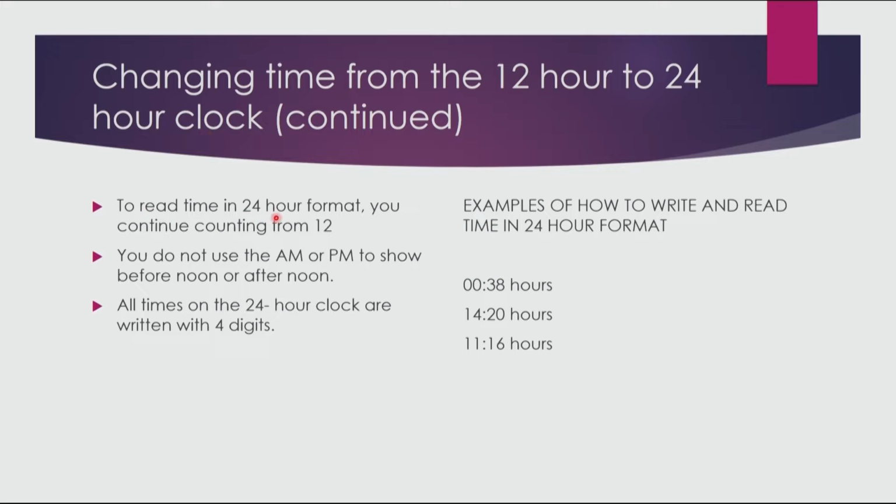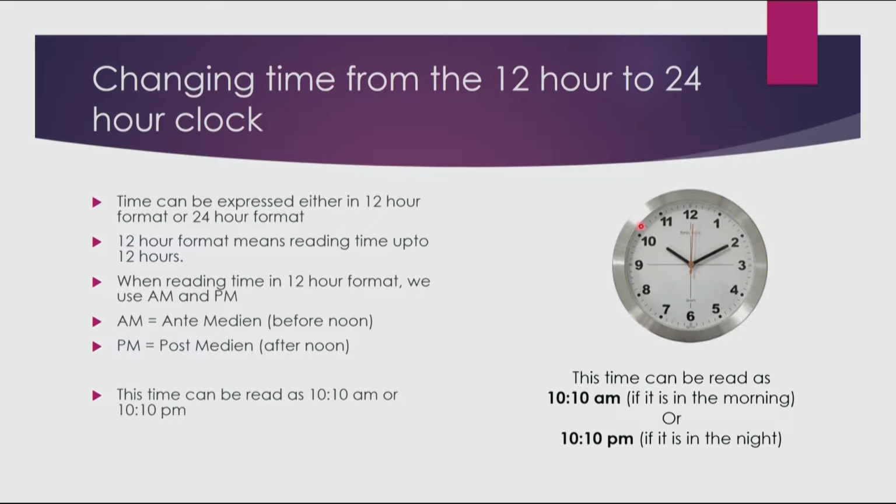To read time in 24-hour format, you continue counting from 12. When we reach 12, like here on our clock, instead of coming to 1, this one is 13. The 1 now becomes 13, the 2 becomes 14, the 3 becomes 15, and it continues.